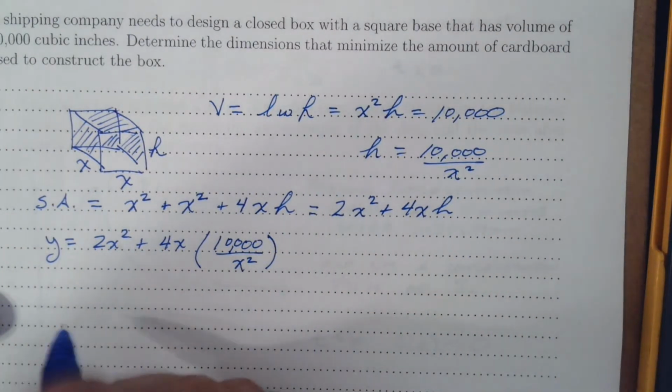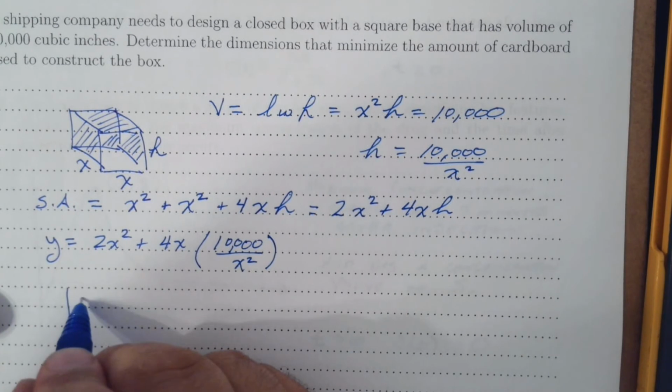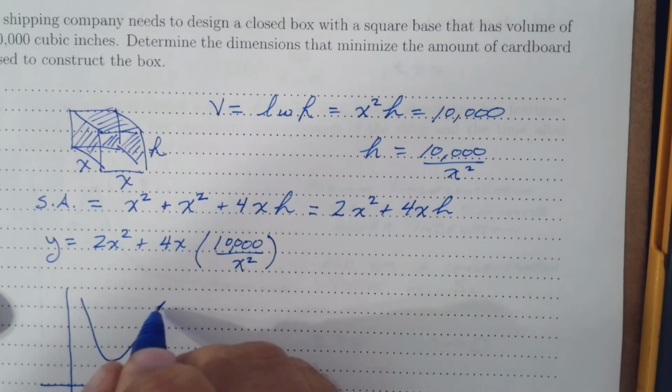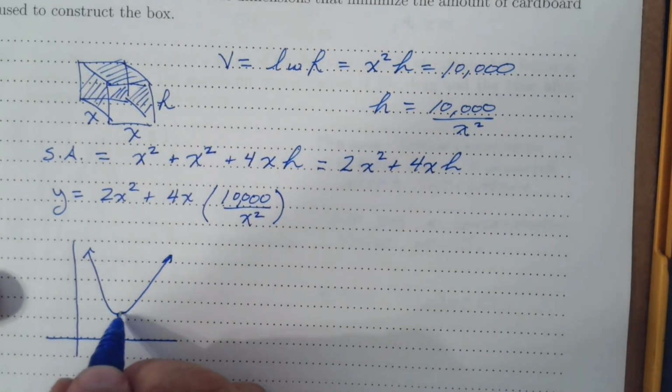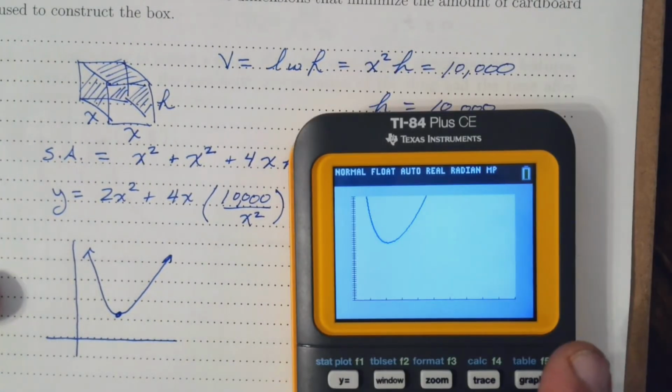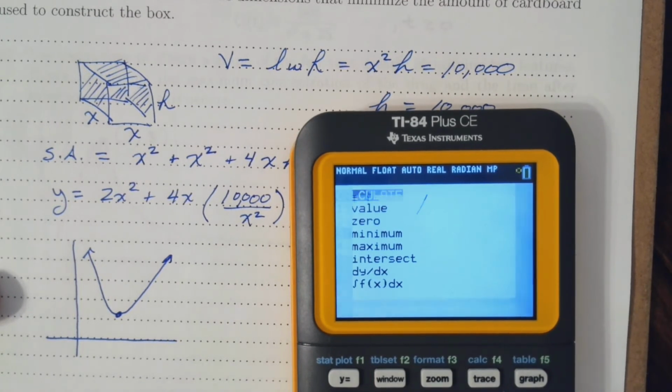I'm going to go ahead and draw my graph. My graph seems to be setting up in this form. I seem to have a minimum value, so let's go ahead and calculate that minimum value.